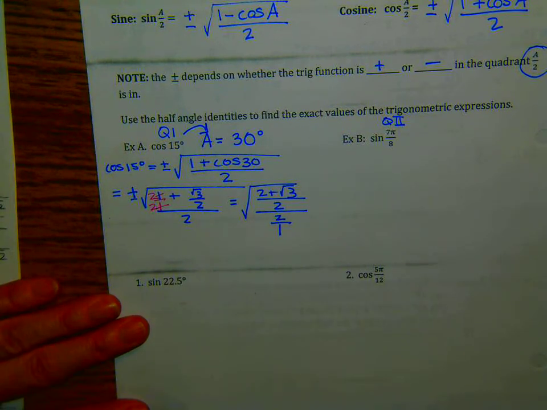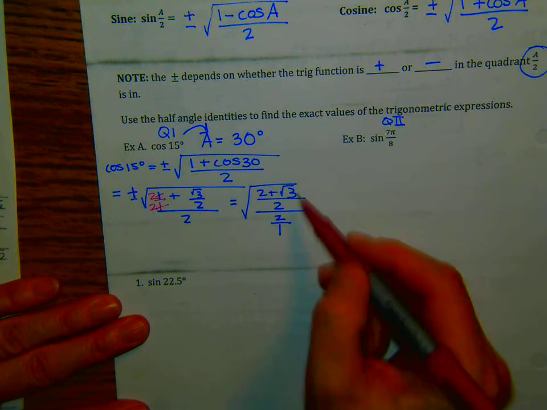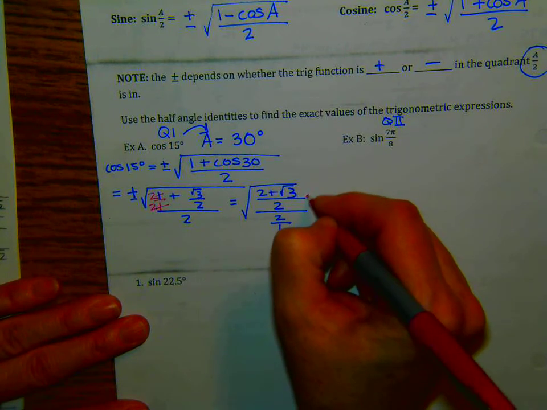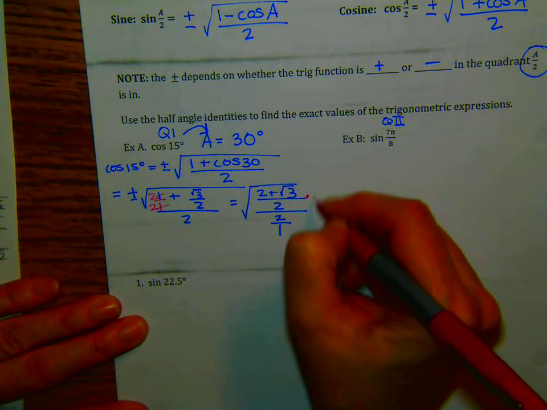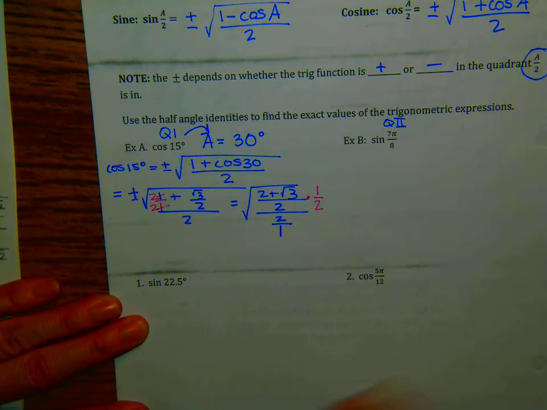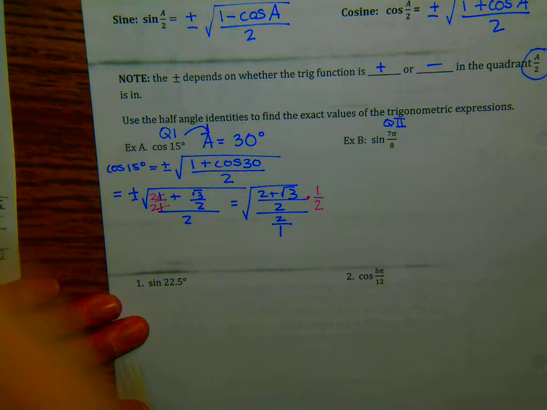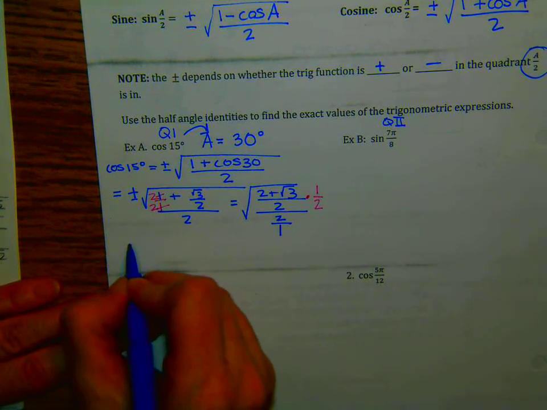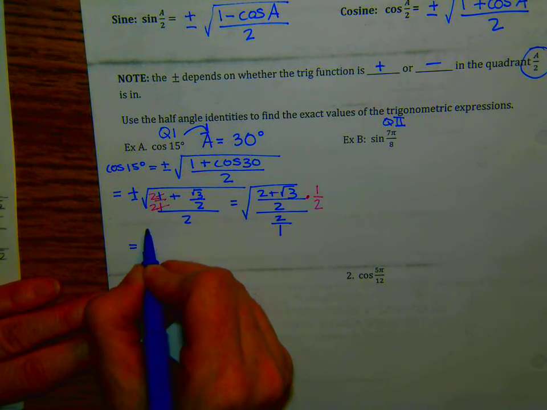Now how do I solve this? Well, you know how to do a division of fractions: multiply the numerator by the reciprocal of the denominator, so 1 over 2. Okay, so I can do that. Now I bring it down here, equals the square root, again I'm still under the square root.